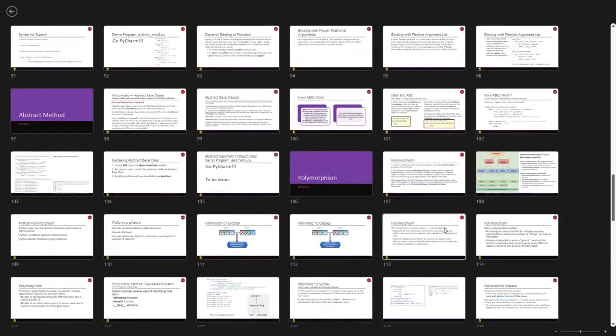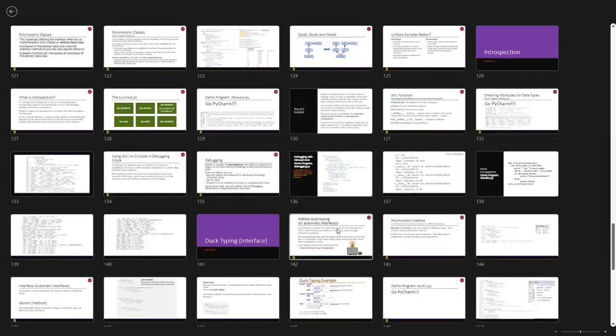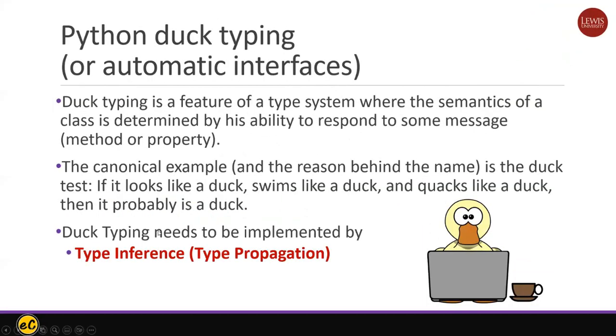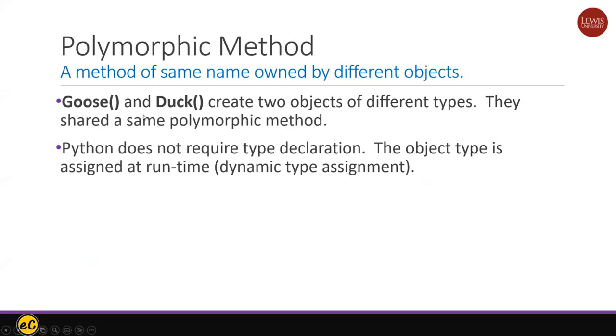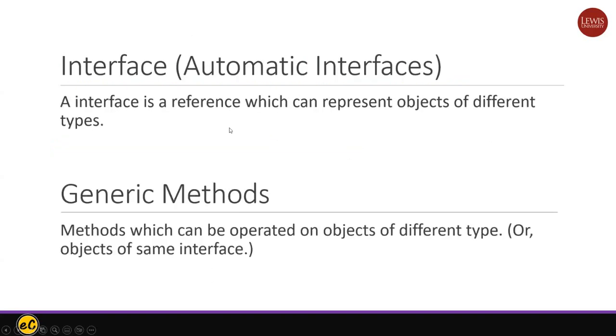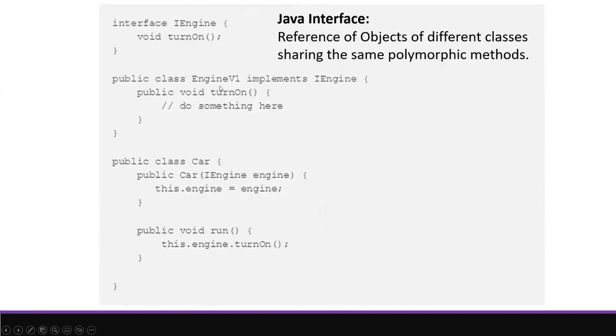Instead, it just uses the idea of, if you look like duck, swim like duck, and quack like duck, then it probably is a duck. Okay, that's duck typing. So duck and goose are two objects of different type. They share the same polymorphic method. Say this time they may have quack function. Okay, so it's an automatic interface.